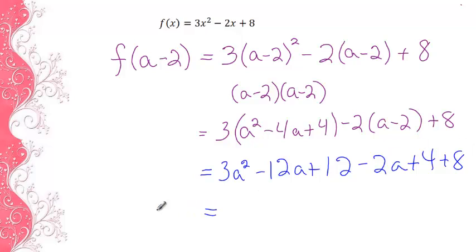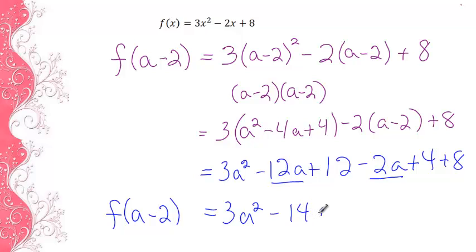Now all we have to do is combine like terms. So f evaluated at a minus 2 is 3a squared, and then we'll add the negative 12a and the negative 2a, so negative 14a. Then we need to add the 12 and the 4 and the 8 for a 24.